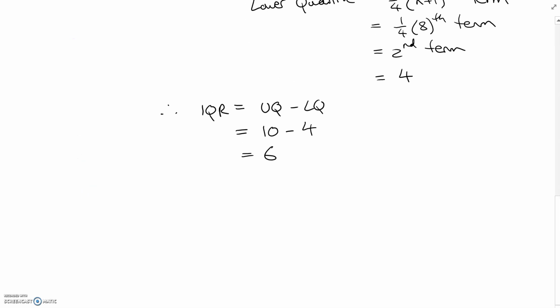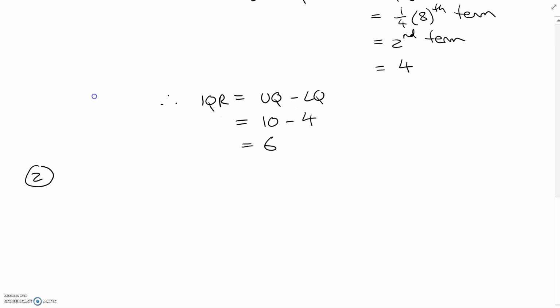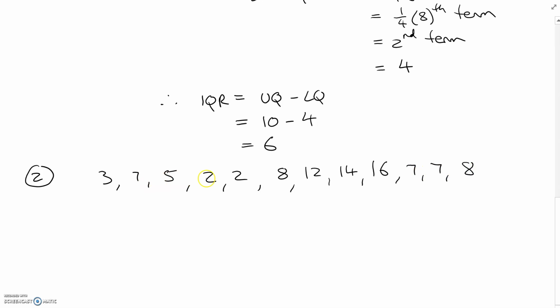So let's do number 2. So this time, a list of 11 numbers. 1, 2, 3, 4, 5, 6, 7, 8, 9, 10, 11. I put 12 in. Should be 2, 7. Sorry, I put 3 in.